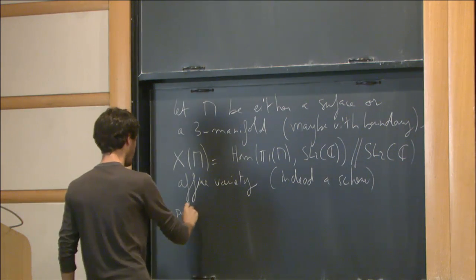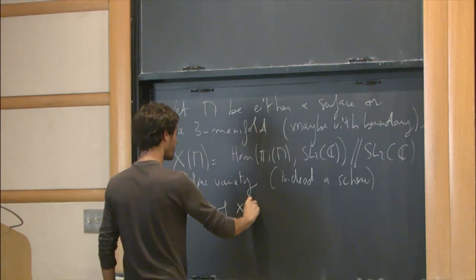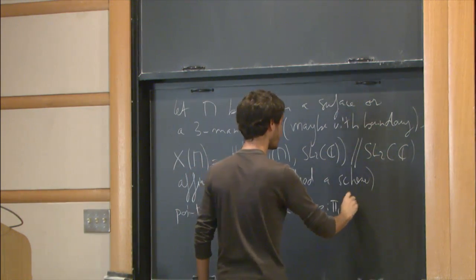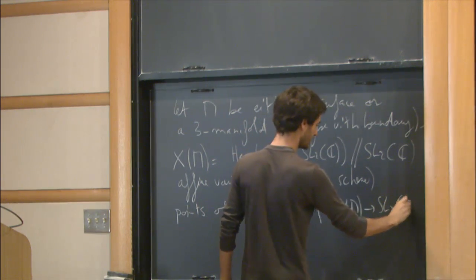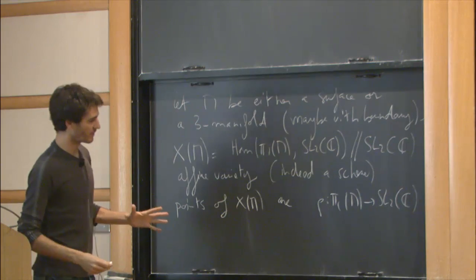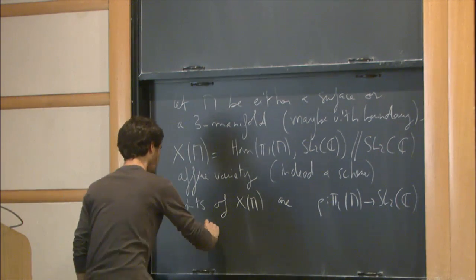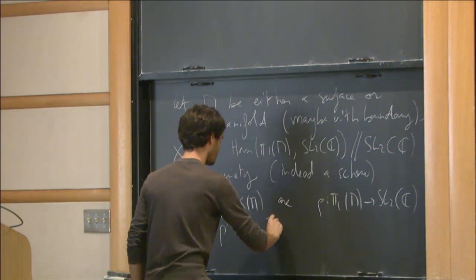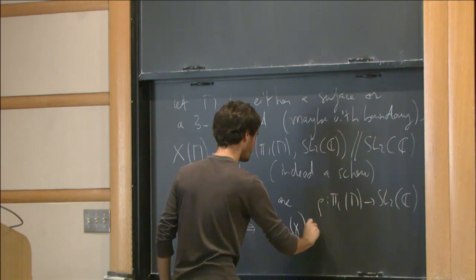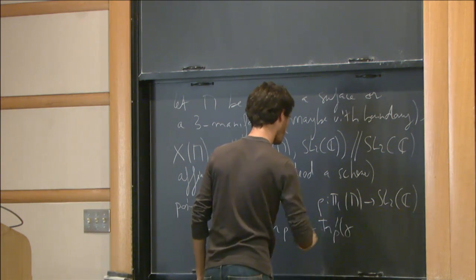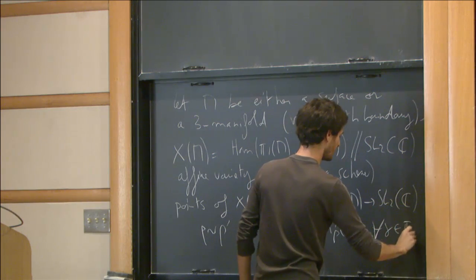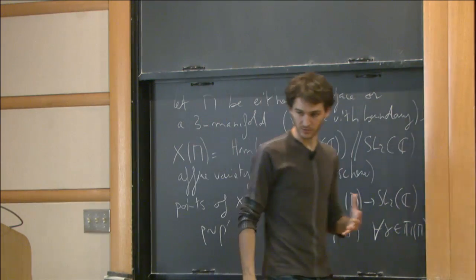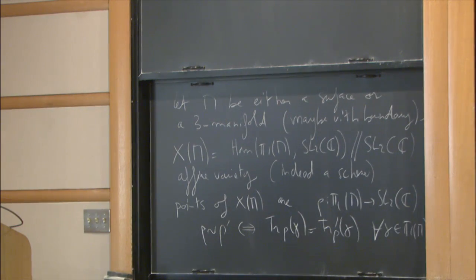So points of X of M are exactly representations rho from pi1 of M to SL2C, hopefully. But the relation is just a little more than conjugation. So rho and rho prime are equivalent if and only if they have the same traces. The trace of rho of gamma is equal to the trace of rho prime of gamma for any gamma in pi1 of M.